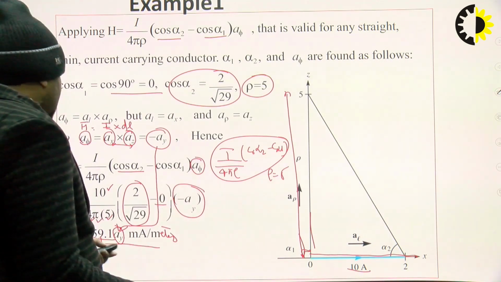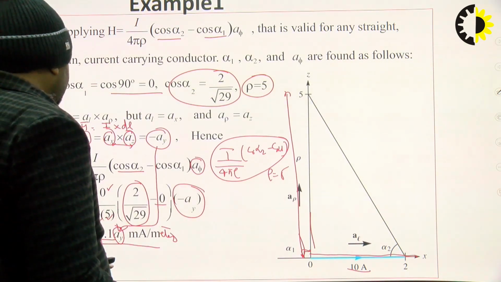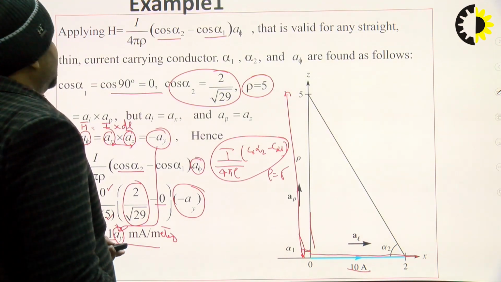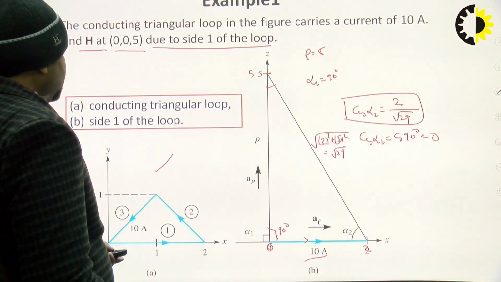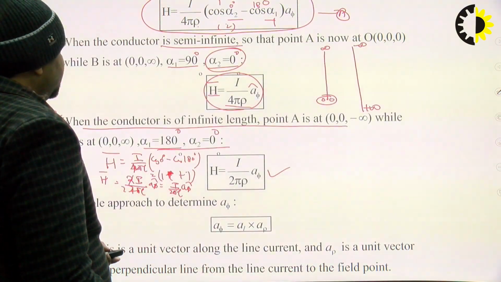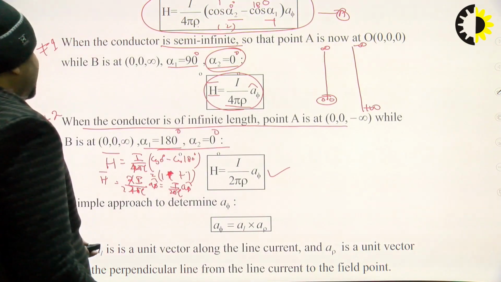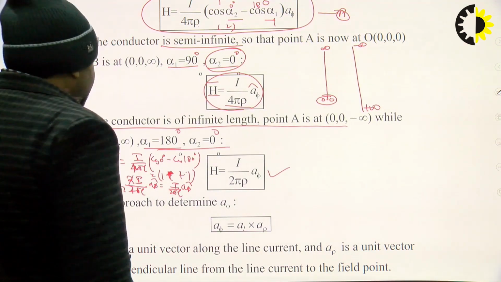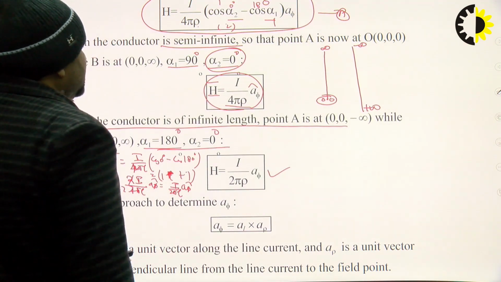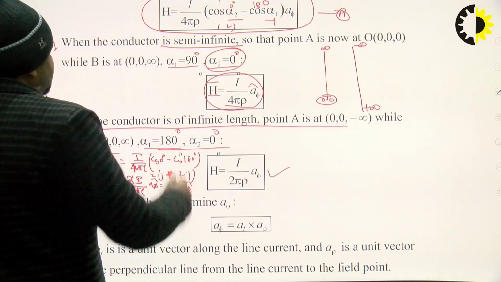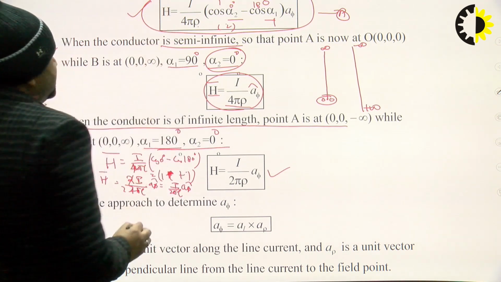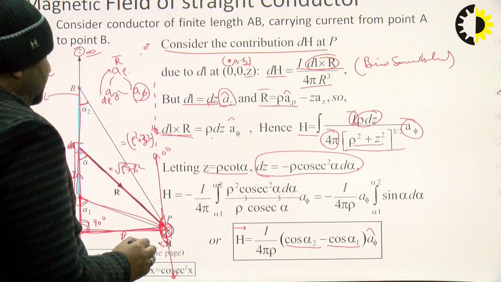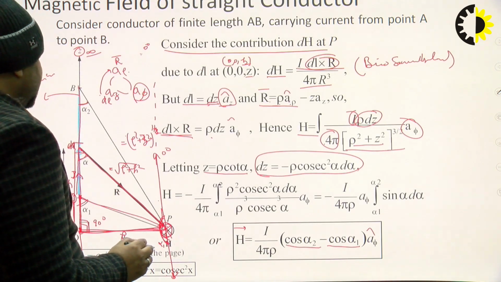We defined how we calculate the magnetic field intensity by using the Biot-Savart law, and took the derivation of that. If we find the magnetic field intensity of a semi-infinite current carrying conductor and an infinite length current carrying conductor, this is how we solve the question, and we discussed the parameters here.